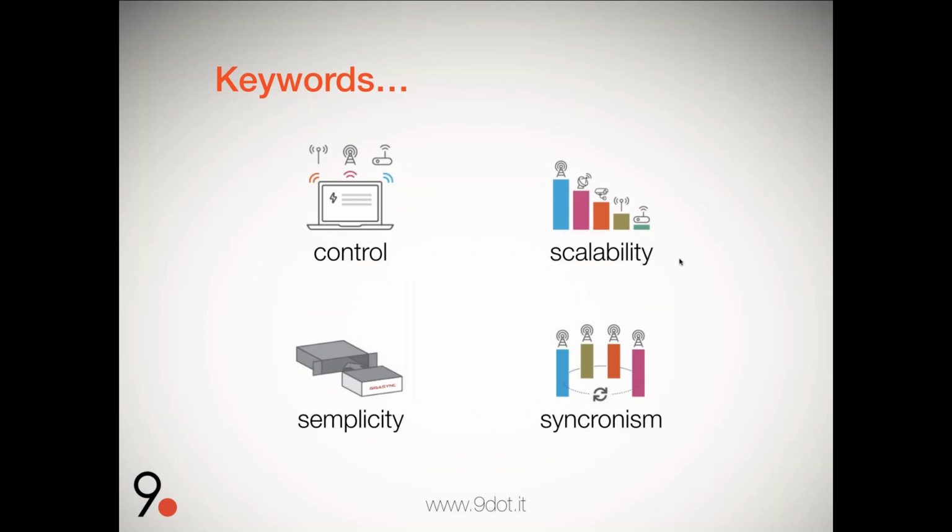Scalability. It means you can power whatever device you want. Simplicity. The GigaSync must be simple to use. And synchronism, because if you use Cambium, you need to synchronize all the radios, maybe with just one single device.